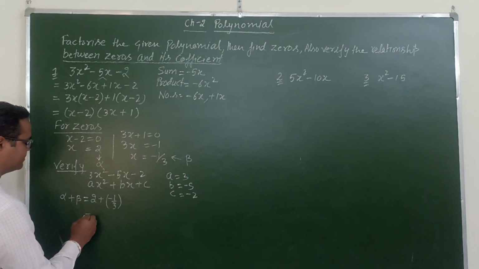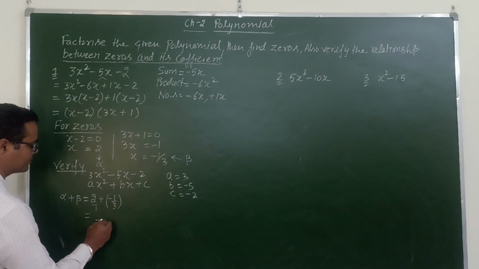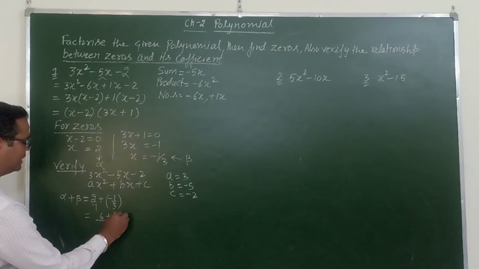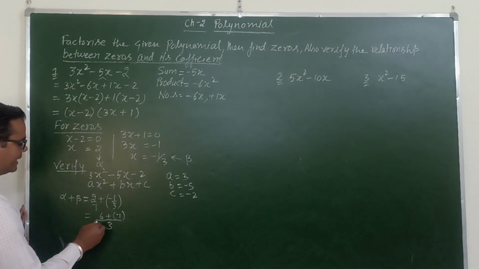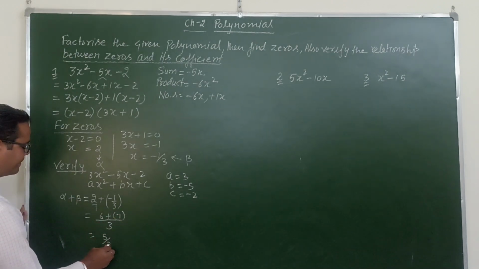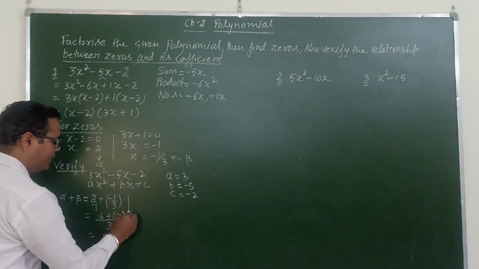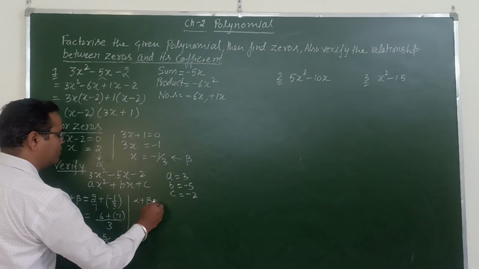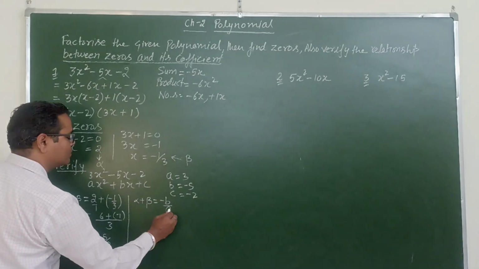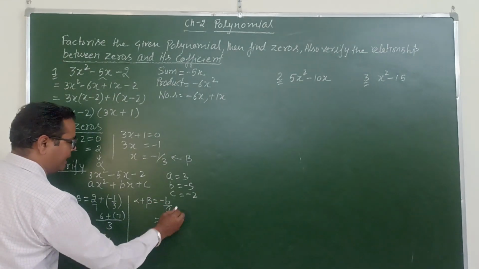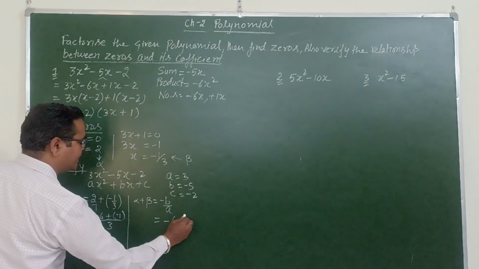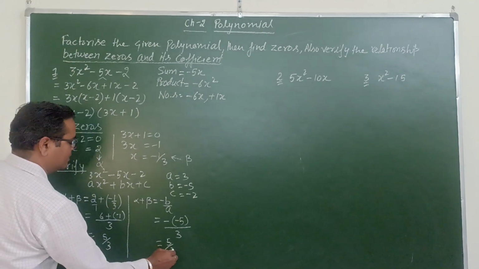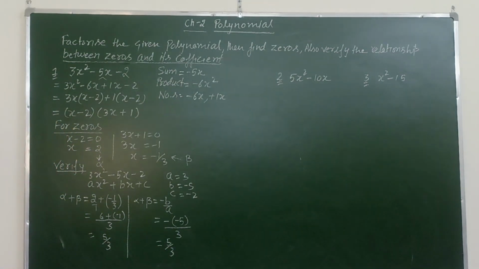By taking the LCM, 3, 6 plus minus 1, 6 minus 1 is 5 by 3. Now we know that sum of zeros, alpha plus beta, is equal to minus b upon a. So what is minus b? Minus of minus 5, that is 5 by 3. Sum of zeros is verified.